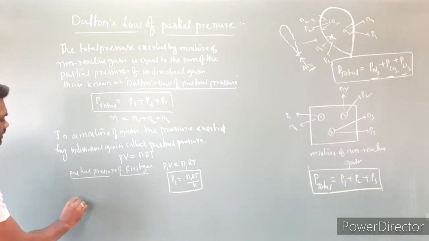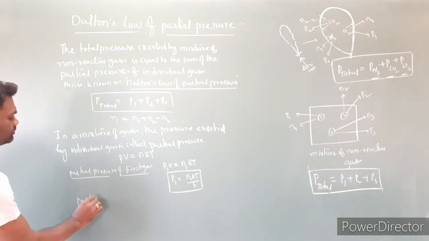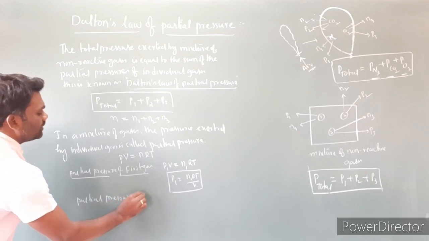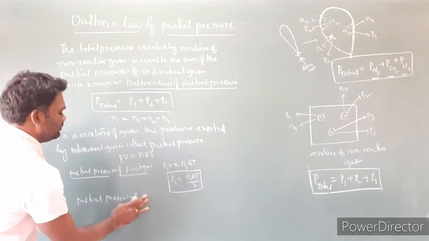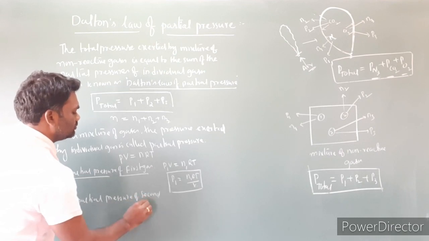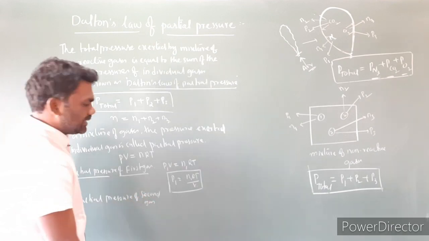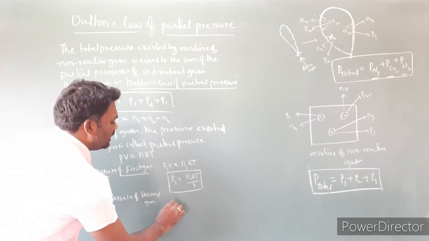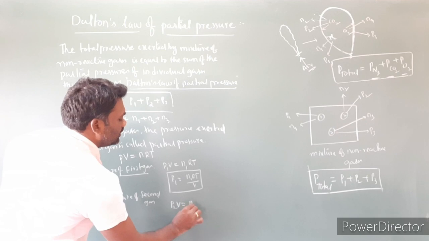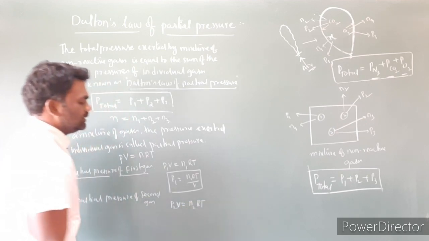Next, partial pressure of the second gas. How do we get it? The ideal gas equation: P2V is equal to N2RT, isn't it?